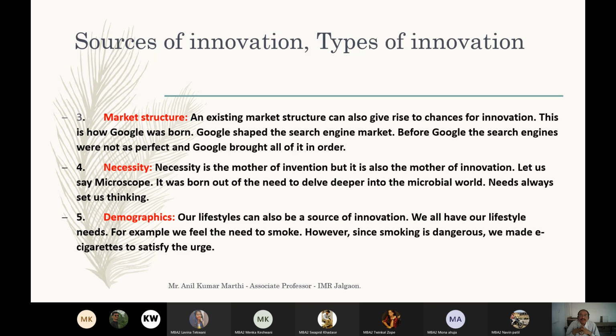Microscope. That's the example that we are taking here. It was born out of the need to delve deeper into microbial world. Needs always set us thinking. And we should actually thank the microscopes.